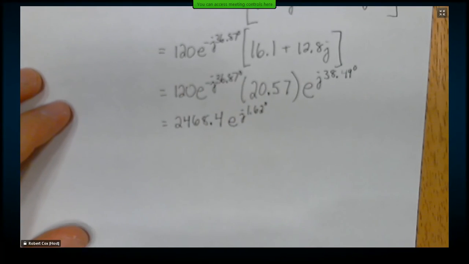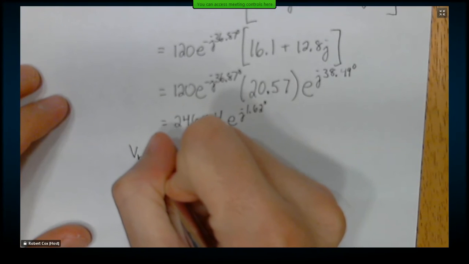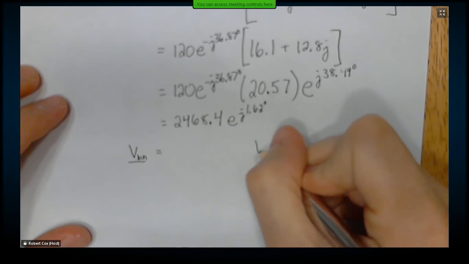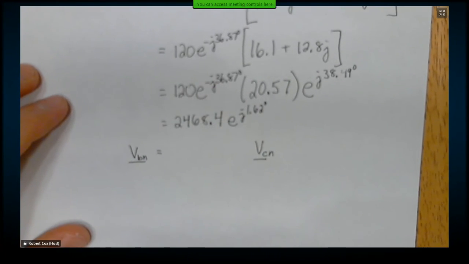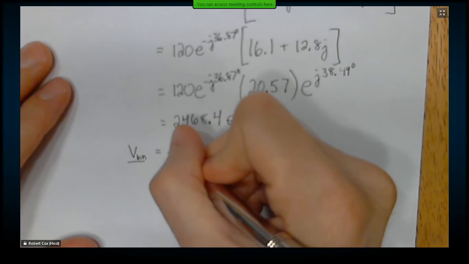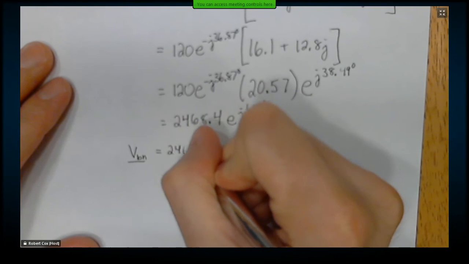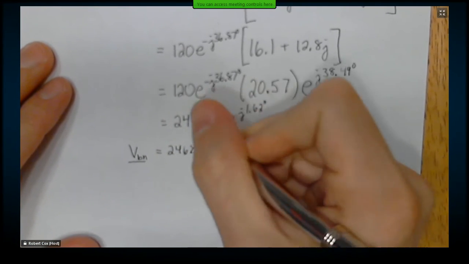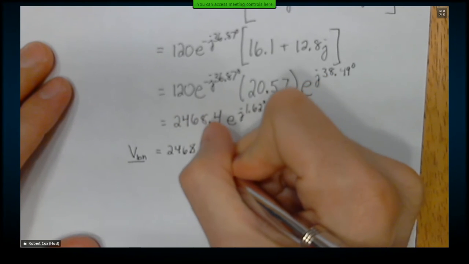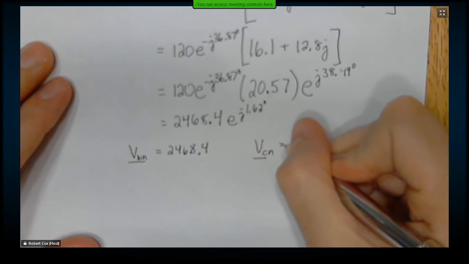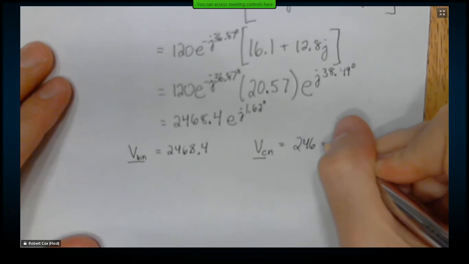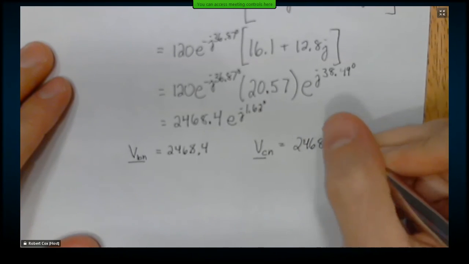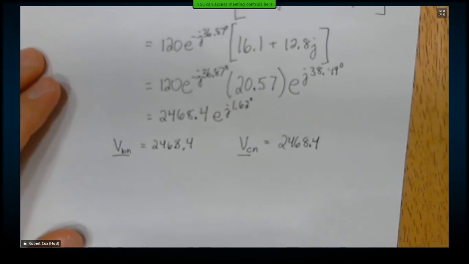I can keep going and find VBN and VCN. What are those equal to? Because everything's balanced, I know these have the same magnitude, 2468.4.